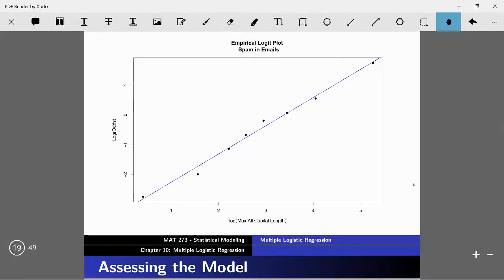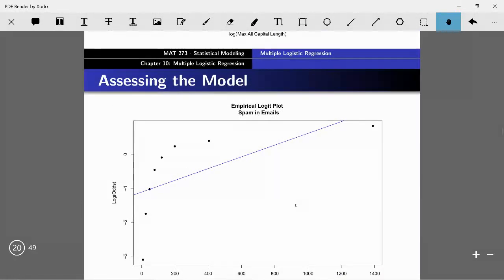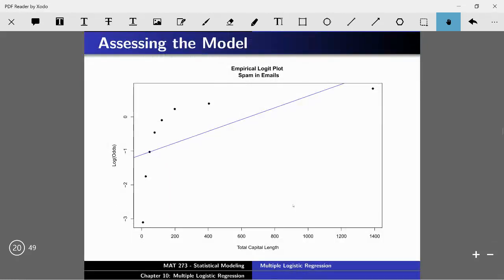You would think you could just throw that in the model and that's as good as you can do. But looking at the empirical logit plot, I saw that I needed a log transformation, which made that relationship much more linear and let me better predict whether or not a viewer would like a Netflix title. So it can be really helpful in real life situations. This spam data set is also a real data set, I believe. I didn't make this up.